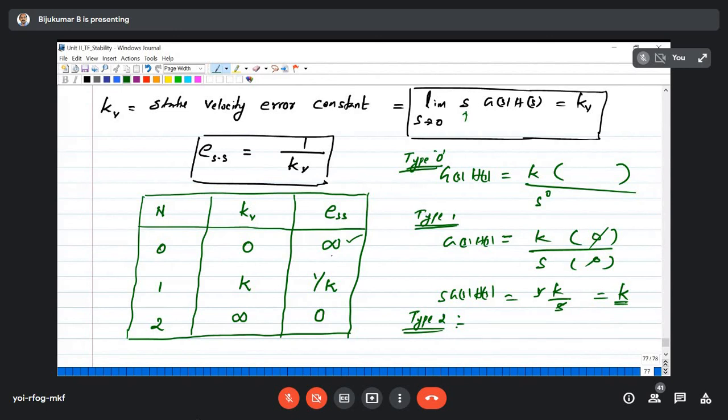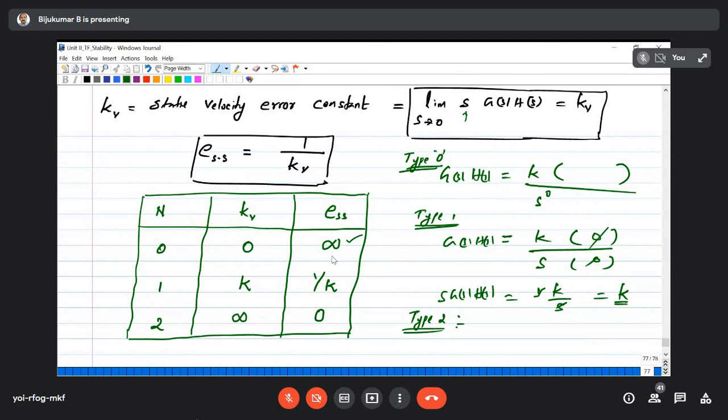So you can see that the steady state error for a system with respect to different inputs depends upon the type of the system. That is the conclusion.